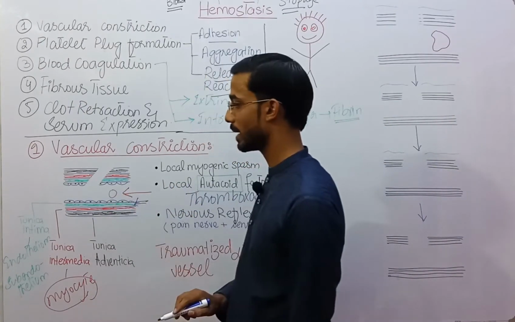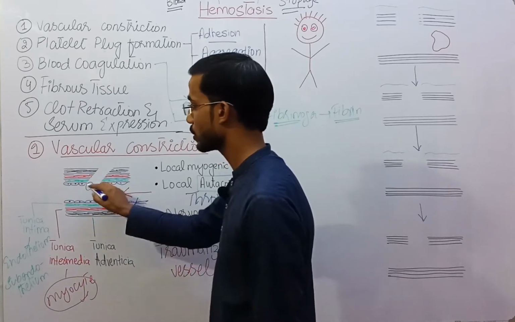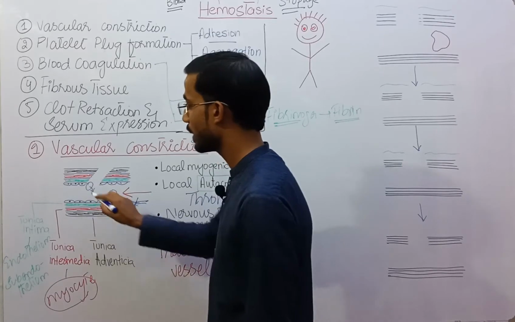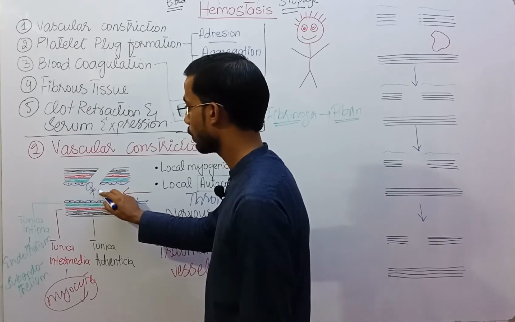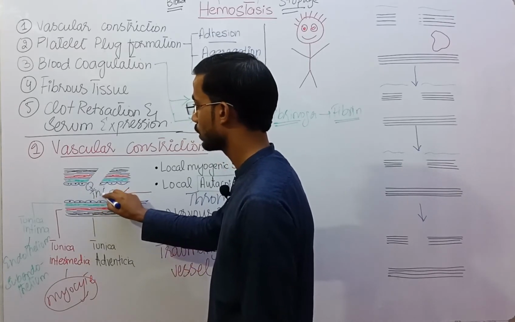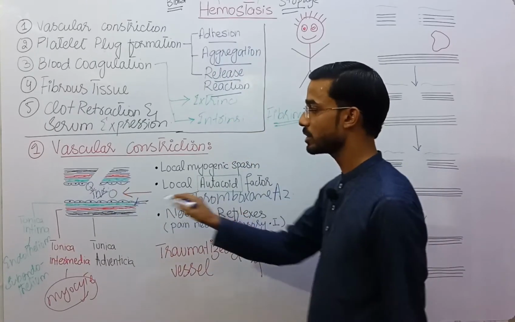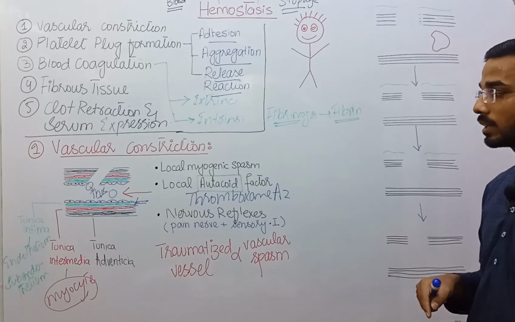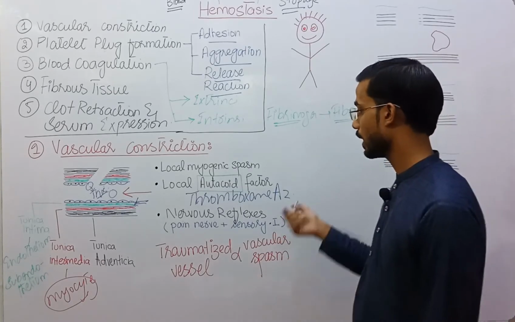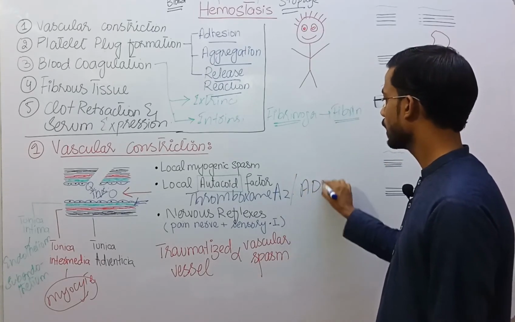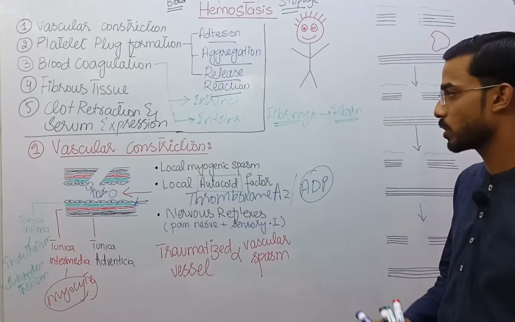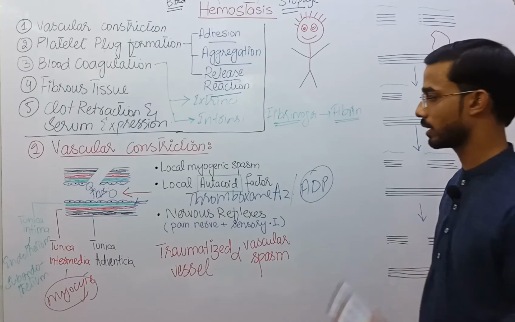This is a platelet which attached to the injured site, and these platelets release thromboxane A2, which further attracts different platelets over them. ADP is also involved in the attraction of platelets and the formation of the plug.